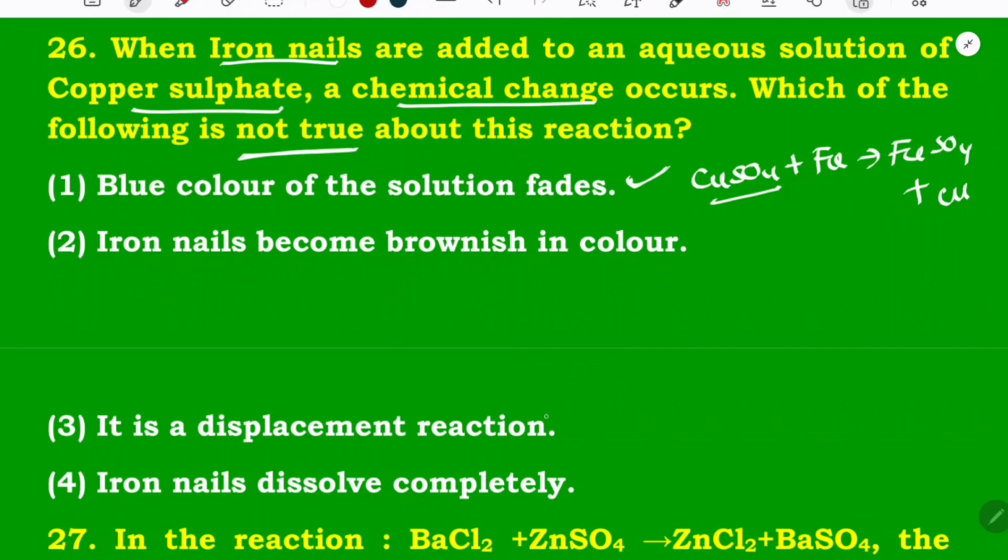First, it is a displacement, exactly correct. Iron nail dissolves completely. If we keep it for a long time, that will be correct. But iron nails becoming brownish is wrong. If we keep more time, the iron will be completely removed, because only so much copper is there that it can displace.